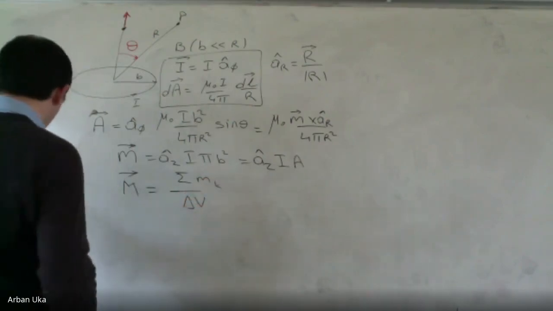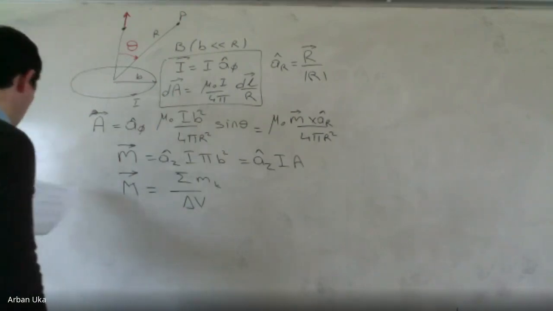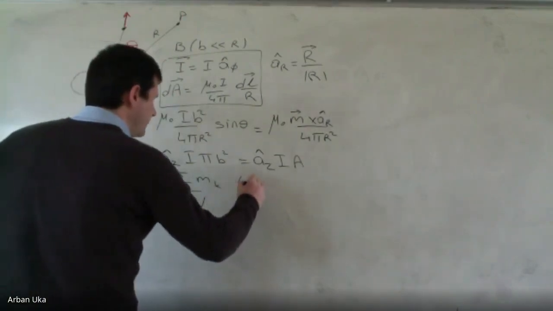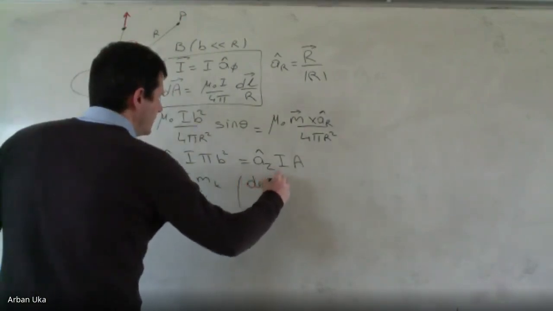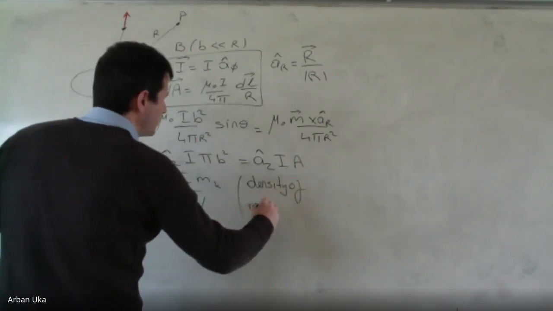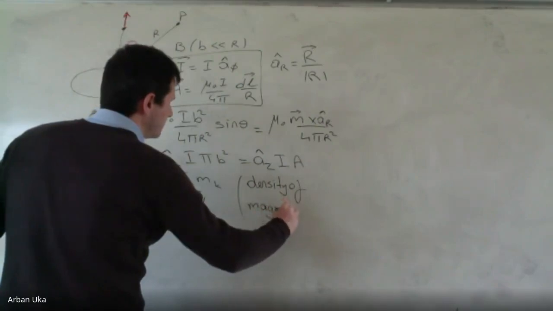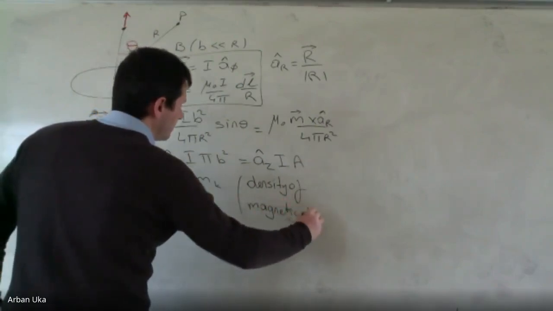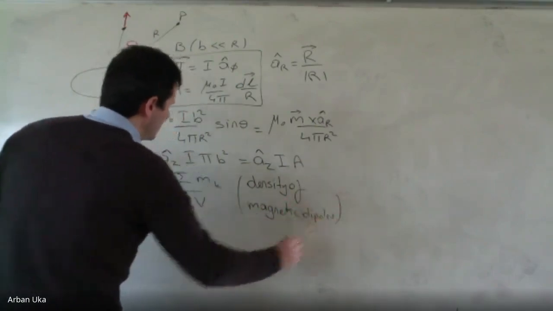So this is really the density of magnetic dipoles. So we have this new quantity.